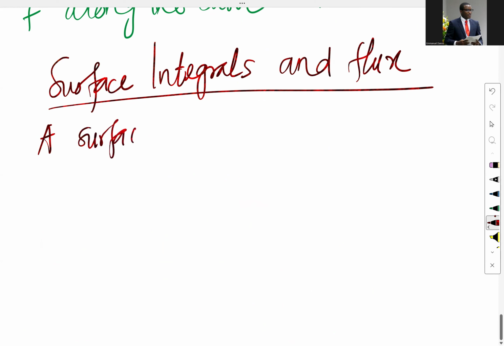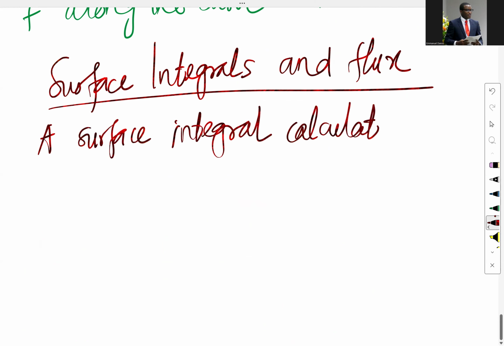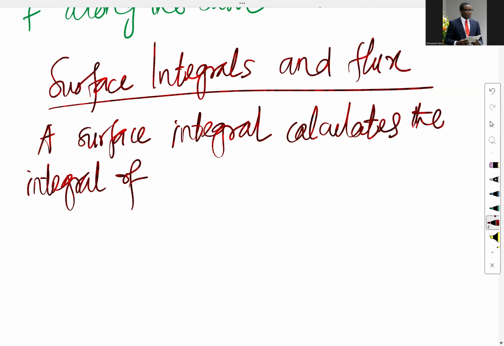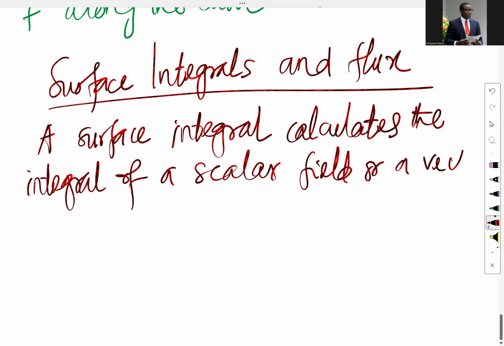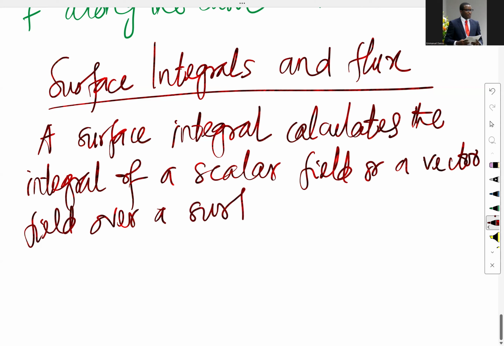So a surface integral calculates the integral of a scalar field or a vector field over a surface.